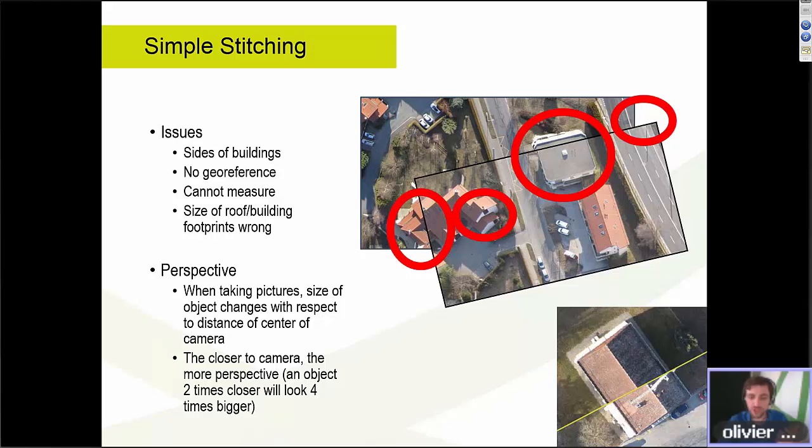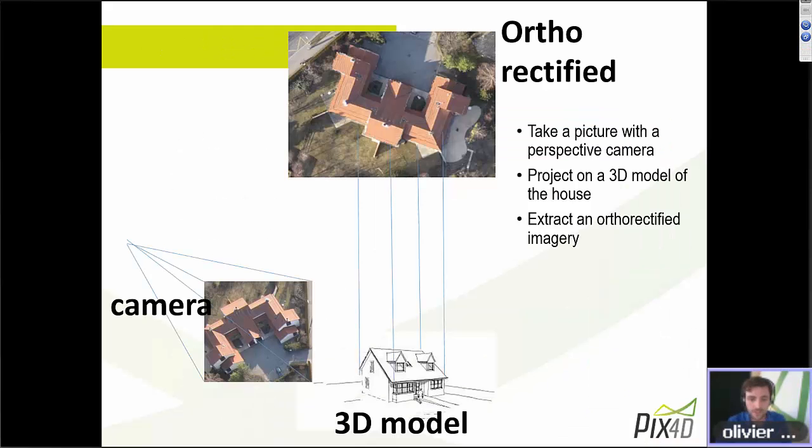Once you have done this step, you can then extract an auto-rectified imagery by computing a projection in the Z direction of this 3D model. And this is the process which is happening every time you do auto-rectification.